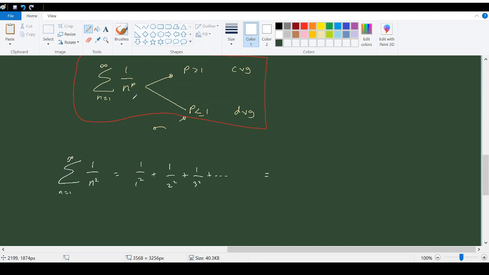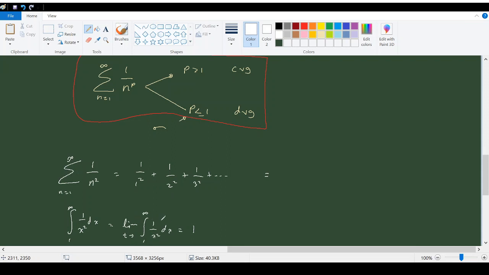Now let's say instead of using this result, we directly use the integral test. Then the function that we are going to consider will be this one, right? And by using the improper integral techniques, you can see that this integral converges to 1.